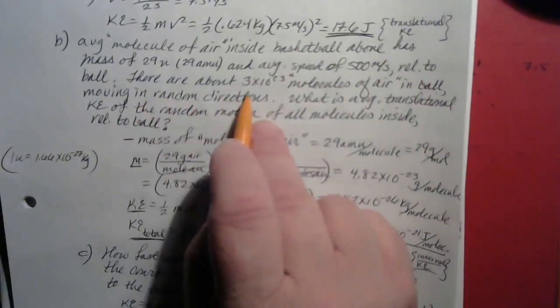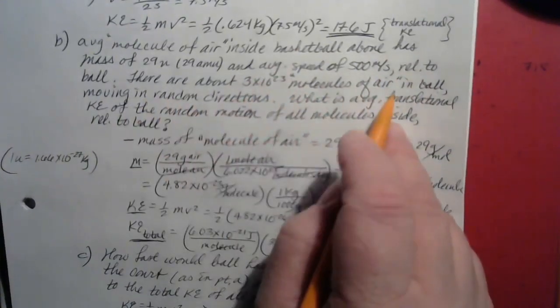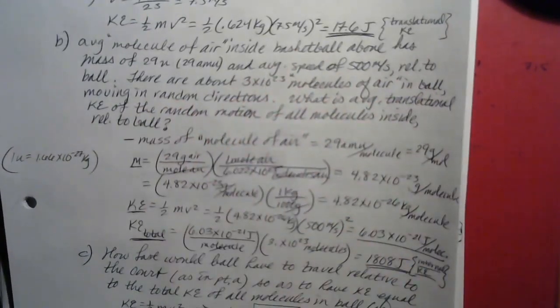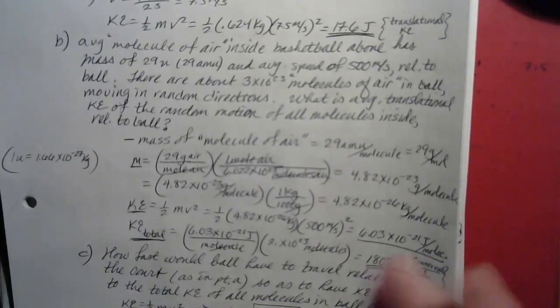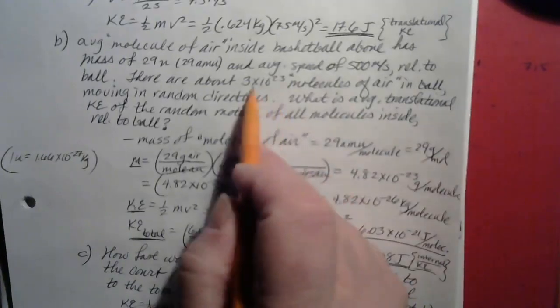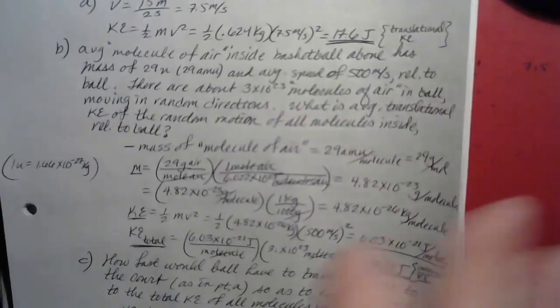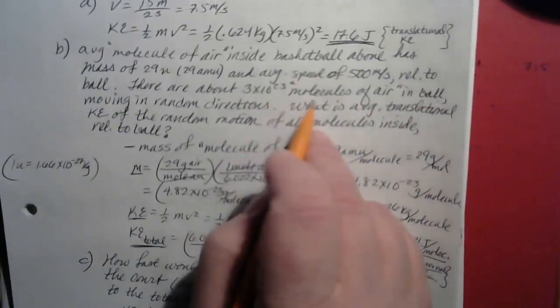There are about 3 times 10 to the 23rd molecules of air inside the ball. That means when you take the total of all of the molecules of nitrogen and oxygen and carbon dioxide and water vapor, the total would be about 3 times 10 to the 23rd, which is a large, large number of molecules.